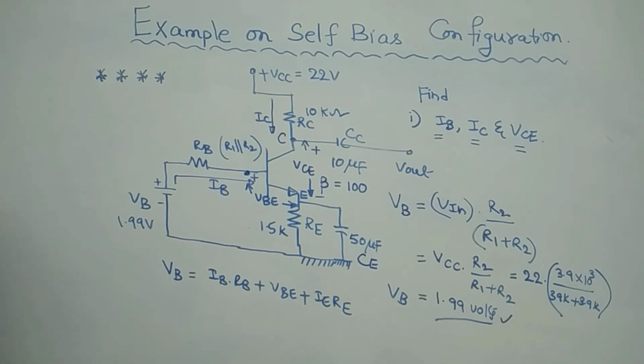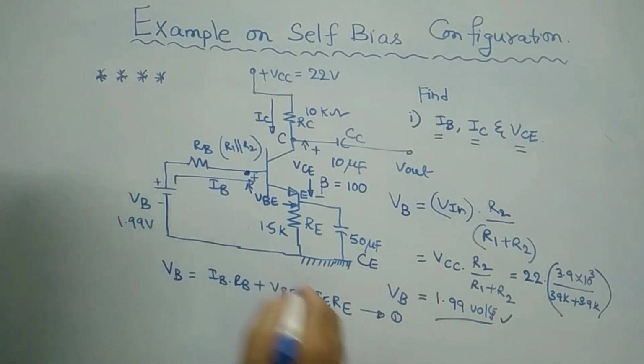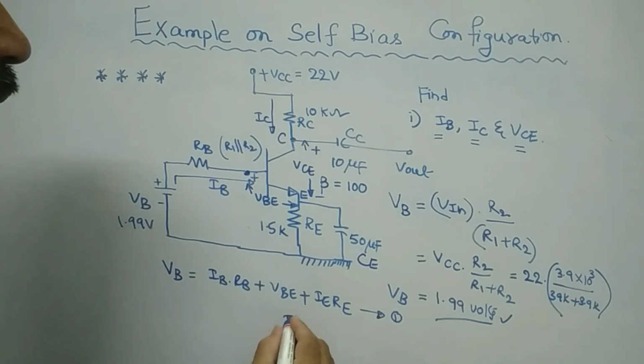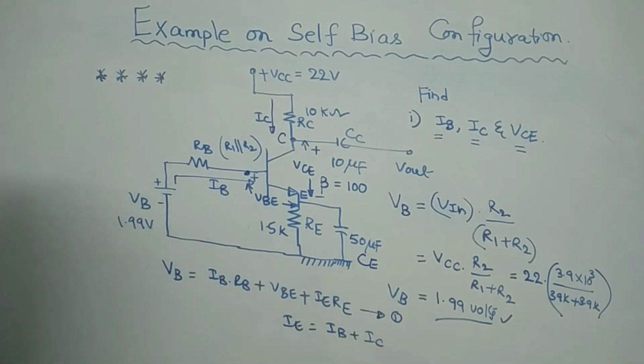Therefore, from this there is a relation. The first equation you should use is IE equal to IB plus IC.